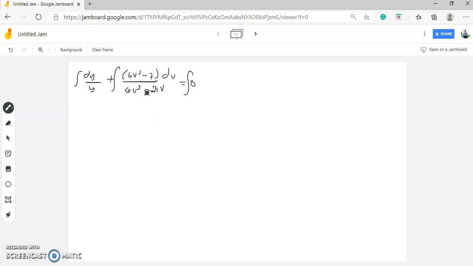We substitute the v. What method will we use in integral calculus? How will we integrate this one? What is our u?